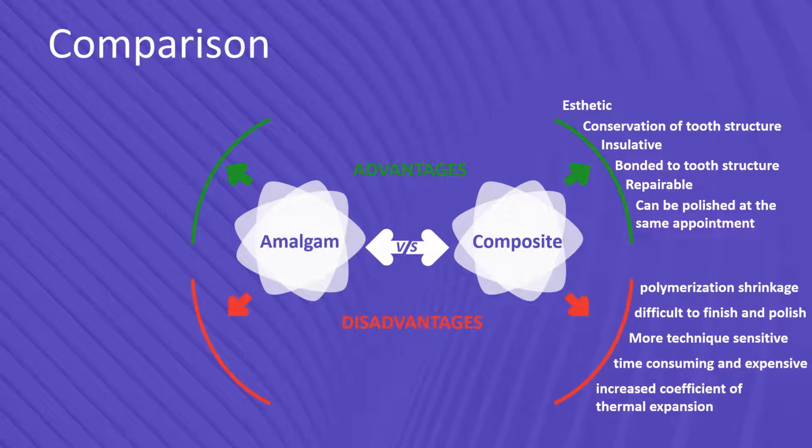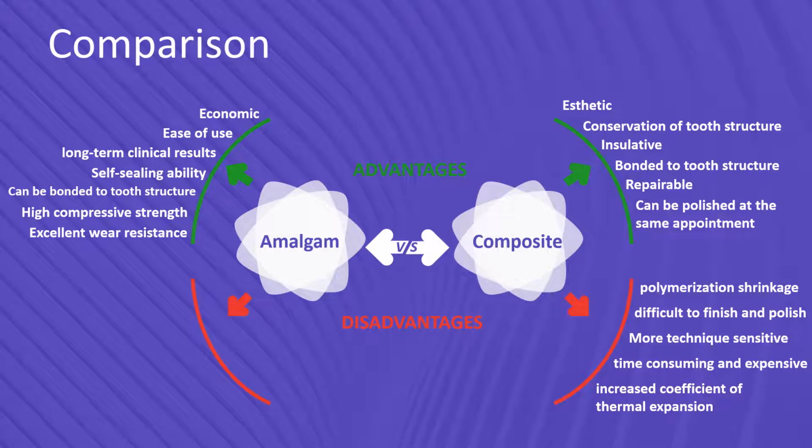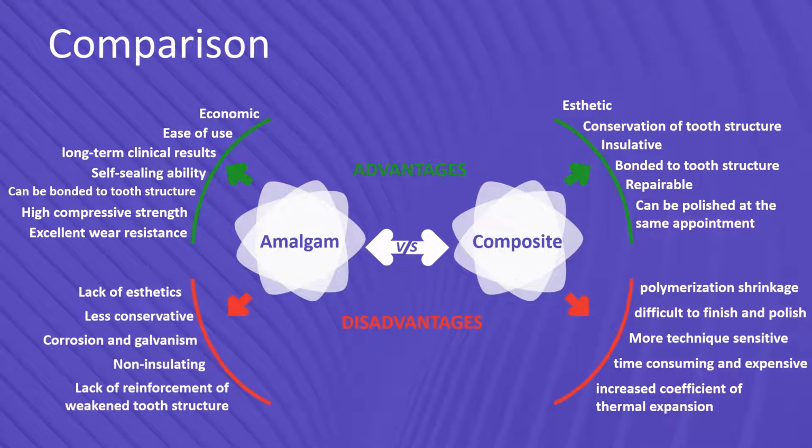Secondly, amalgam. Some of its advantages are economic, ease of use, long-term clinical results, self-sealing, and can be bonded to the structure too. And some disadvantages are lack of aesthetics, lack of conservation of tooth structure, and corrosion and galvanism.